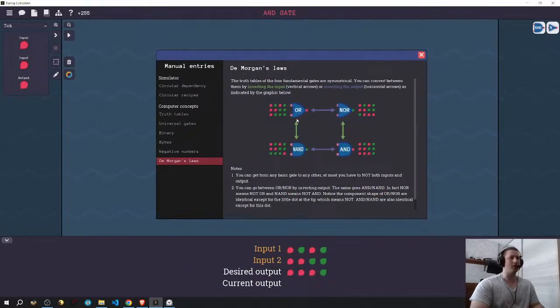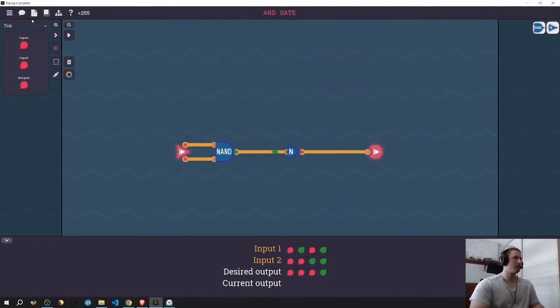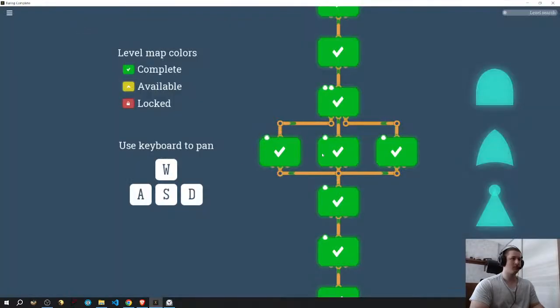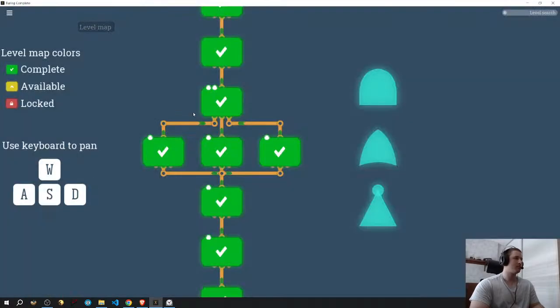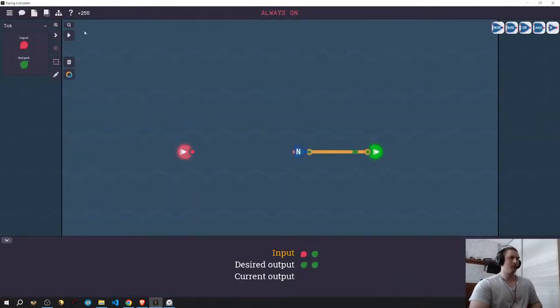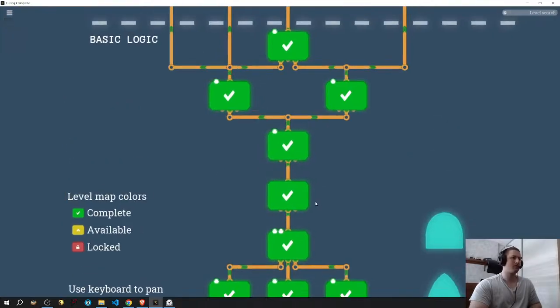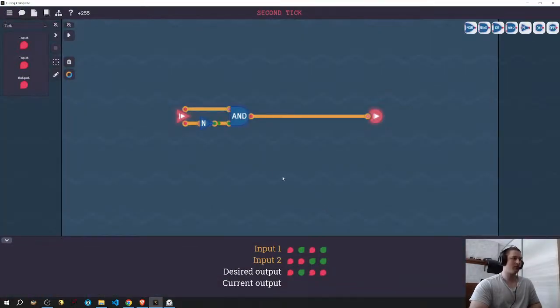It works there. The other one is the OR. Yeah. It's just the NOT. Here it isn't one of the fundamental ones.